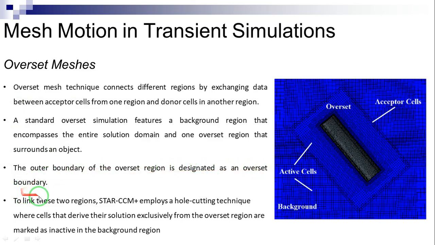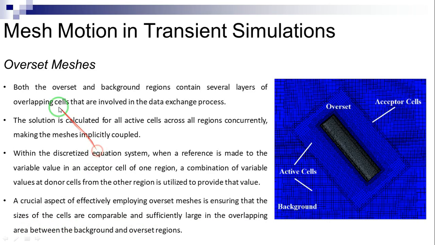To link these two regions, STAR-CCM+ employs a hole cutting technique, where cells that derive their solution exclusively from the overset regions are marked as inactive in the background region. Both the overset and background regions contain several layers of overlapping cells that are involved in the data exchange process.